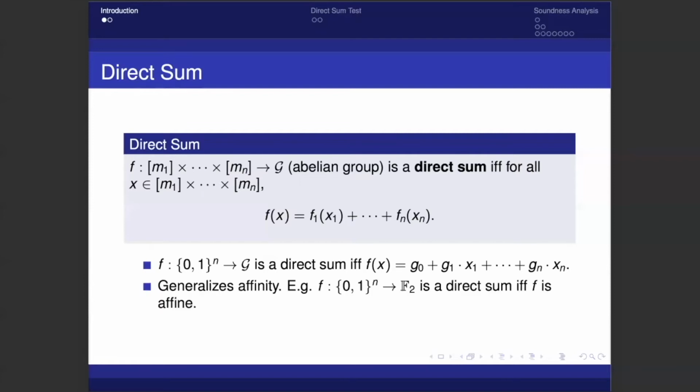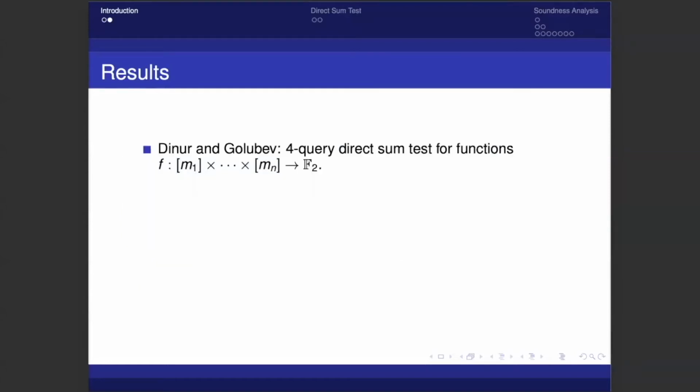Note that this tells us the direct sum generalizes affinity. In particular, if, say, f is a function from the Boolean hypercube to the field of two elements, then f is a direct sum if and only if it is affine. Direct sum testing was previously studied by Dinur and Golubev, who gave a 4-query direct sum test for functions with range F2, the field of two elements.